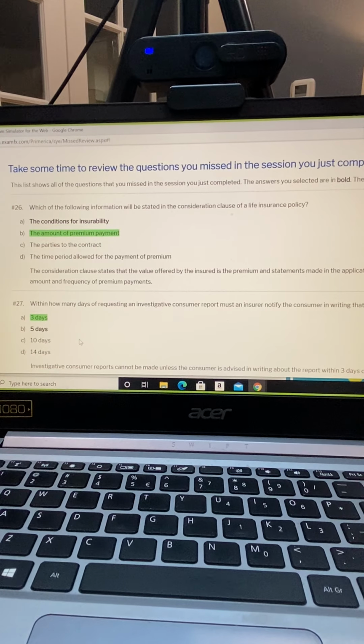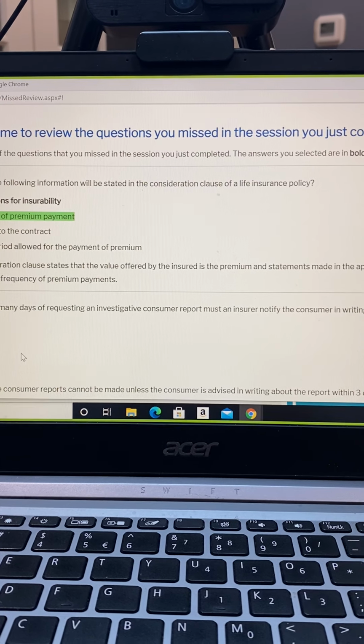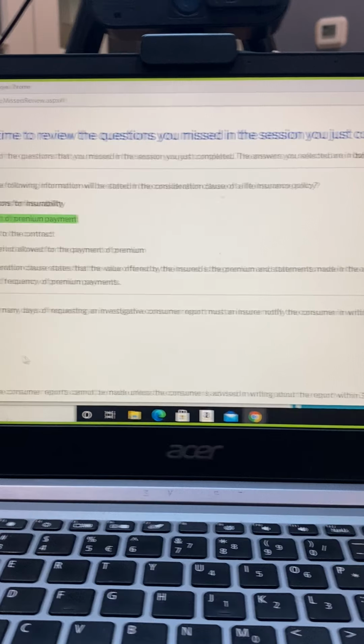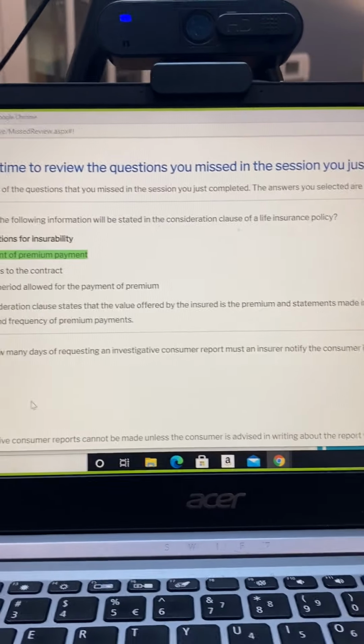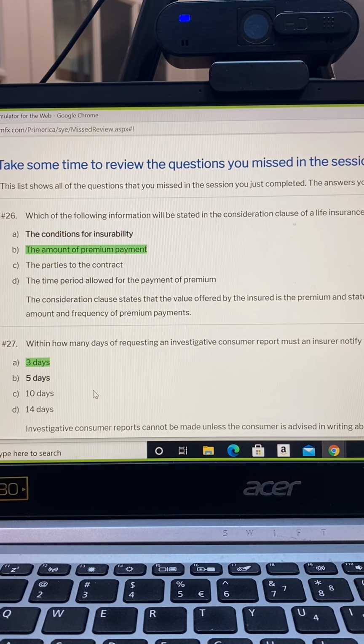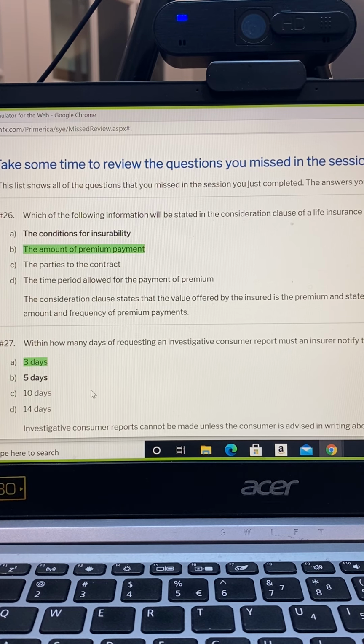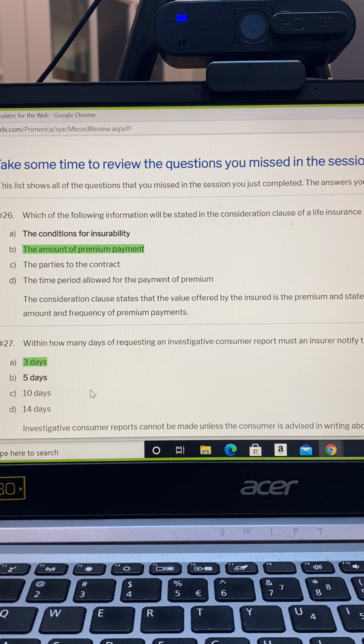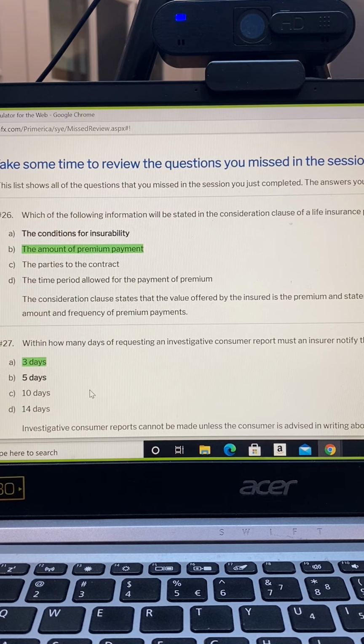Amount of premium payment. Consideration. Which of the following information will be stated in the consideration clause? The amount of premium. You know what? Later on in this test, closer to the end, I remember seeing they said something about the premium being a consideration.